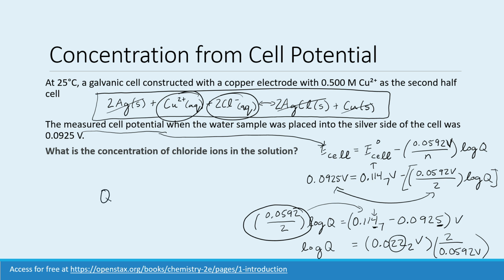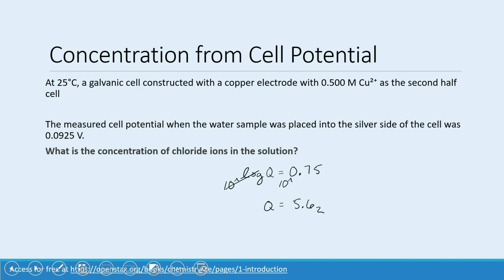And so when you don't have any products, remember, you're going to do 1 divided by those reactants. And so writing that expression for Q here real quick while we've got the reaction, Q is going to be equal to 1 over the concentration of the copper 2 ions times the concentration of those chloride ions raised to the second power.